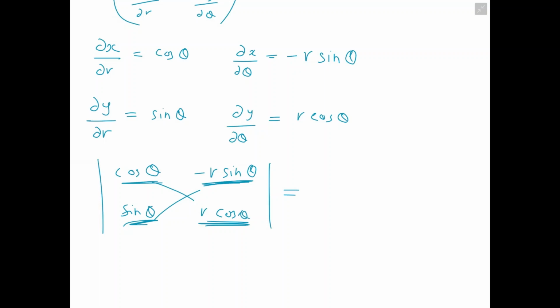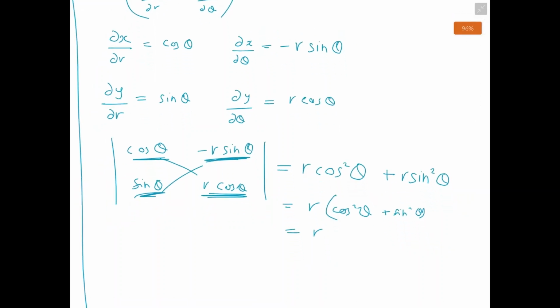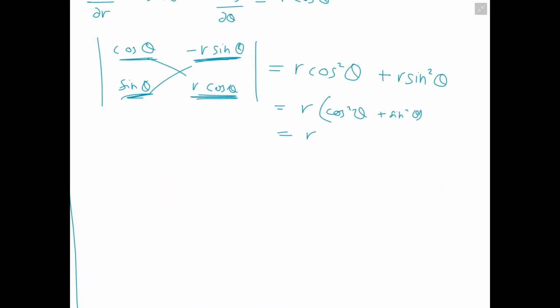So that's cos theta times r cos theta, so that's r cos squared theta, minus sine theta times minus r sine theta, which is minus minus r sine squared theta. So the negatives cancel and give a plus, so plus r sine squared theta. And we can factor out the r, and using the trig identity, we know that cos squared theta plus sine squared theta is just 1. So the Jacobian is r.